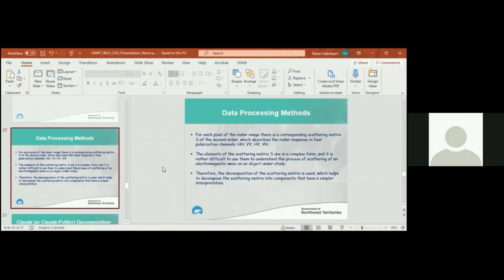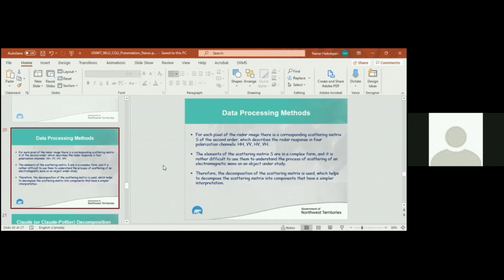So basically, for each pixel we received on a radar image, there is a corresponding scattering matrix, which describes the response of radar signal in full polarization channels.